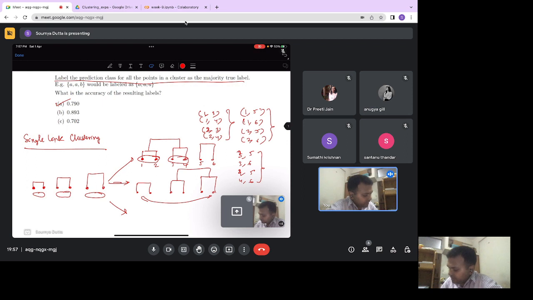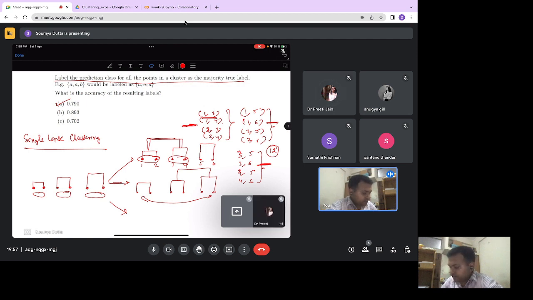Among these 12 similarities, let's say 1 3 is the lowest. That means you would merge this. Is this clear now?